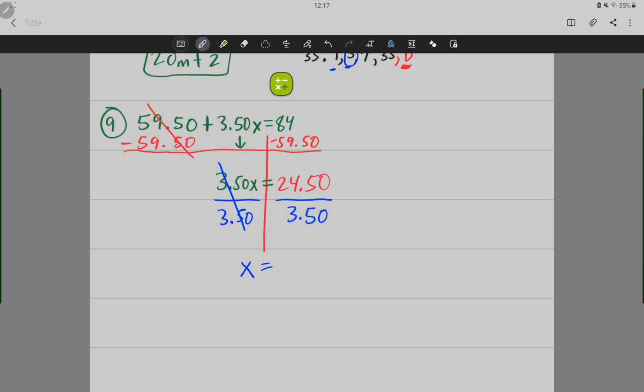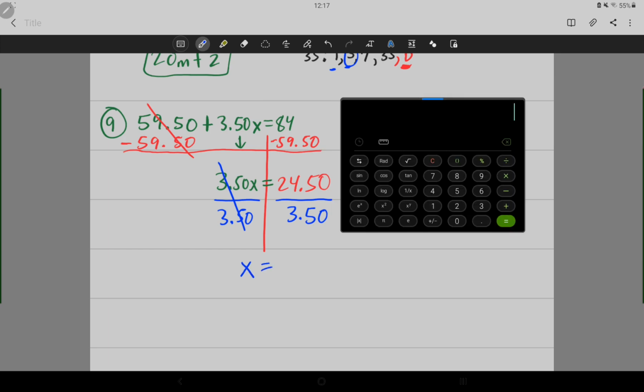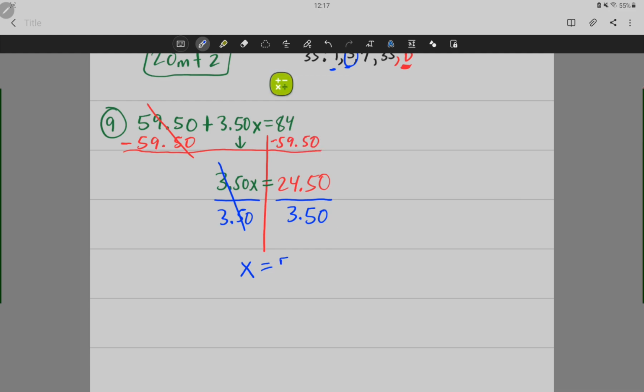Bring down x and equals. And now let's divide. $24.50 divided by $3.50 equals 7. So to answer the question, Kathy can buy 7 accessories.